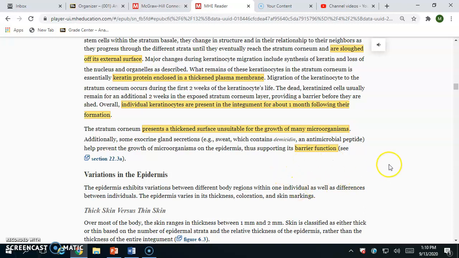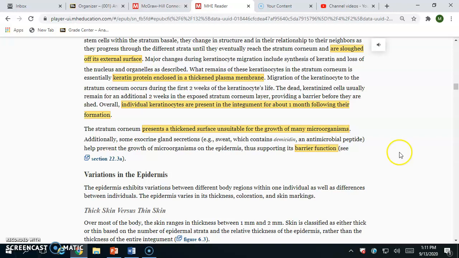There are also accessory structures of the skin, so some of our sweat that's released and our sebum have the ability to ward off or defend the body against microorganisms like bacteria that might try to invade and infect our skin and get into our body. So it's a pretty nice defense against things in our environment, that stratum corneum. Very important to have.